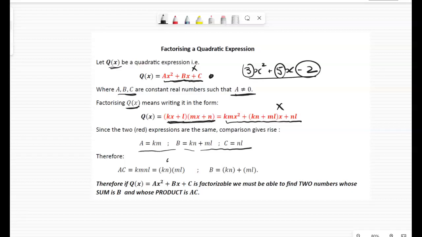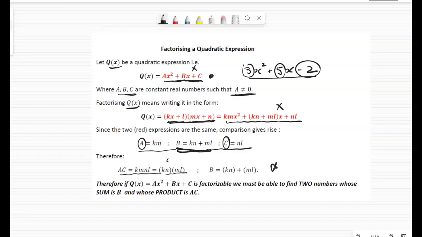Now, if we multiply a and c, we get a times c is equal to kn times ml, and b is equal to kn plus ml.